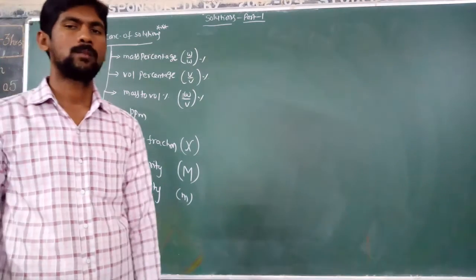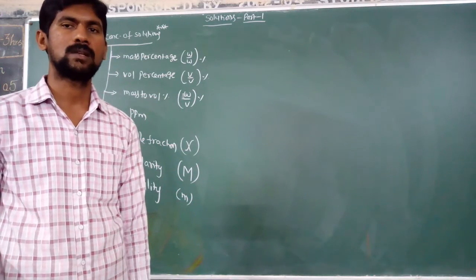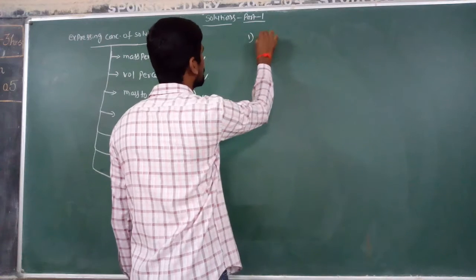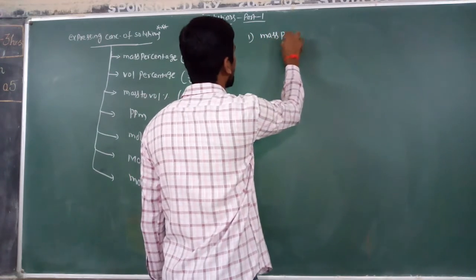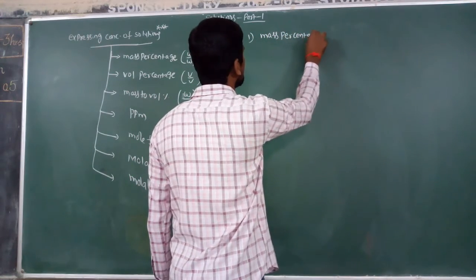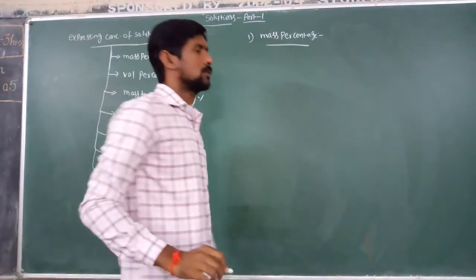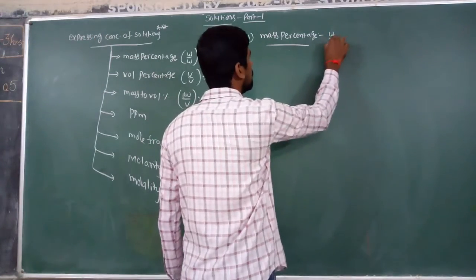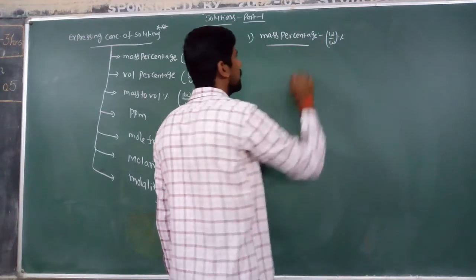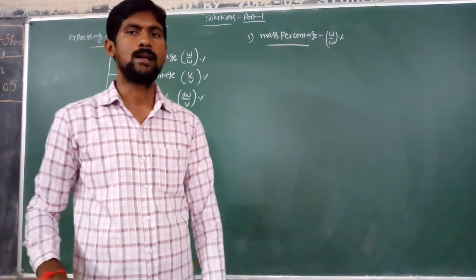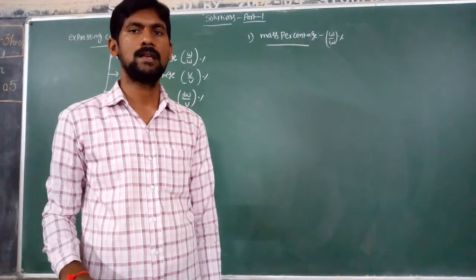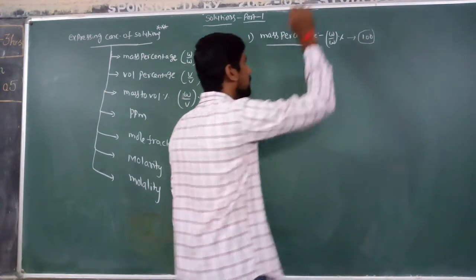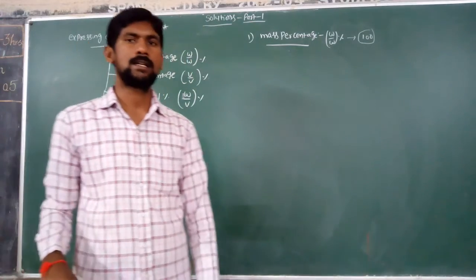Now I am going to discuss the very first one, mass percentage. Mass percentage is denoted by W by W. Percentage means always 100. So what is mass percentage?